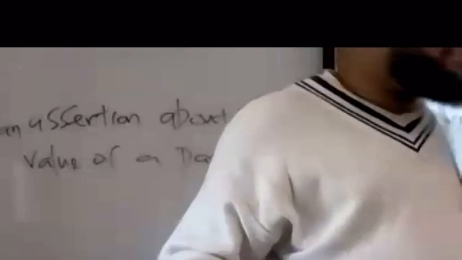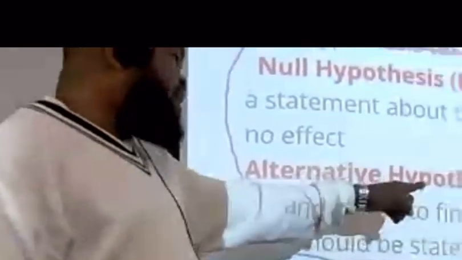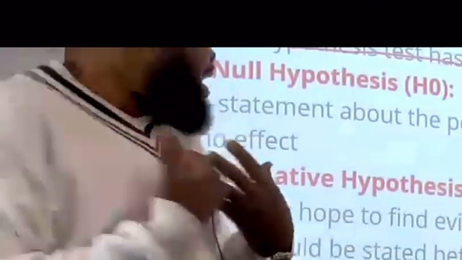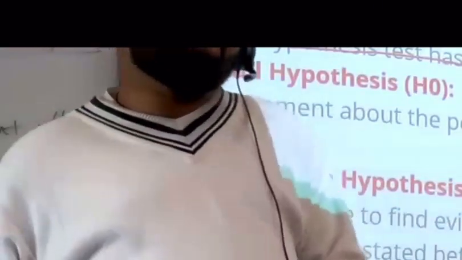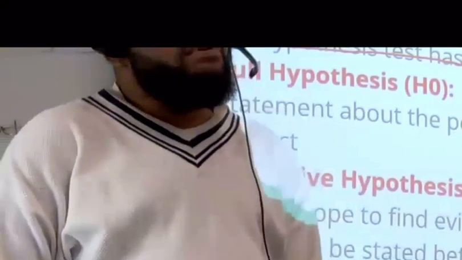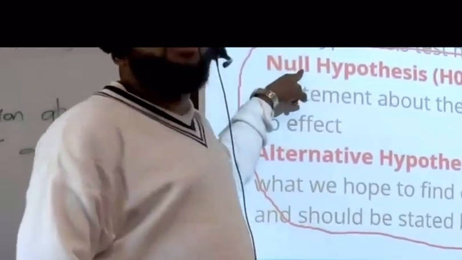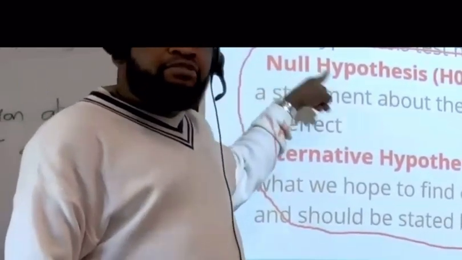Does that make sense? The alternative, on the other hand, is the hypothesis we actually hope to find evidence for. We want to find evidence for that, so that we'll be able to reject the null hypothesis. Does that make sense?